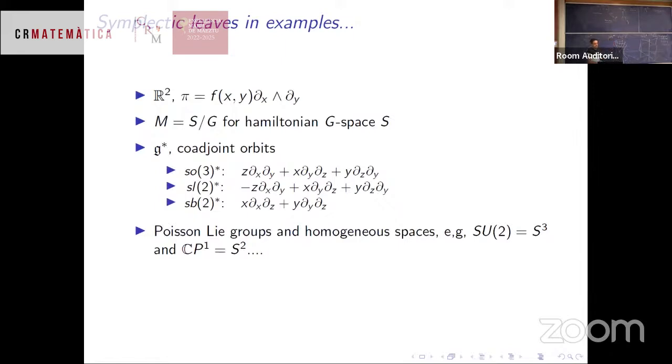And then, as I said, you have this class of Poisson Lie groups and homogeneous spaces. I'll spare you formulas. I'll just try to tell you qualitatively what happens in this example.